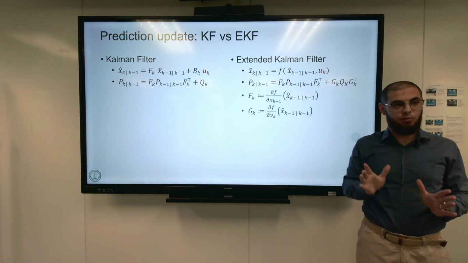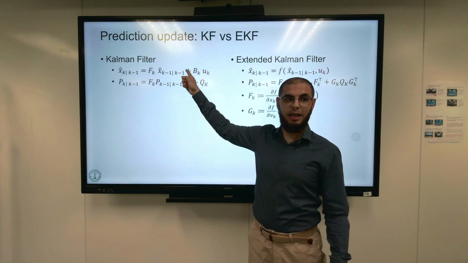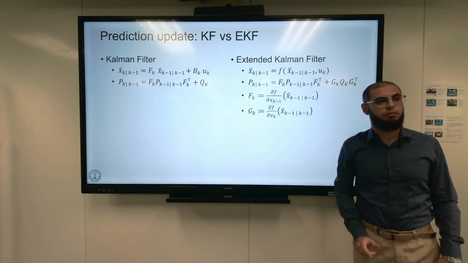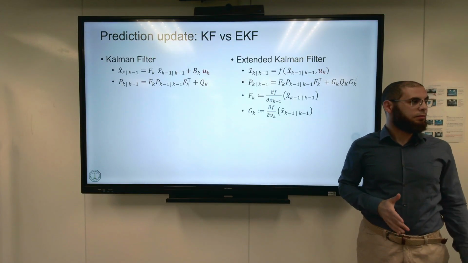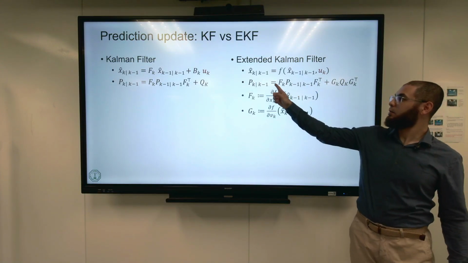The state transition model, but the nonlinear version of it. So this was the state transition model, but the linear version, and this is the state transition model, but the nonlinear version. We're using the nonlinear equation that we have. So that's one. What about the second line?